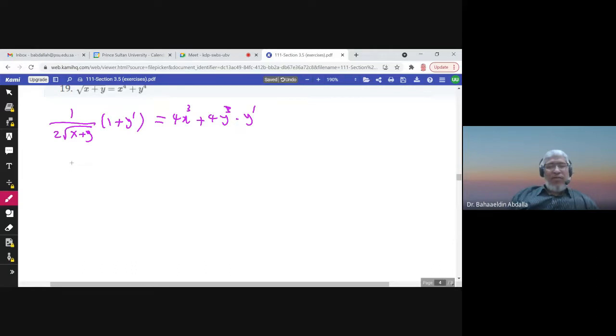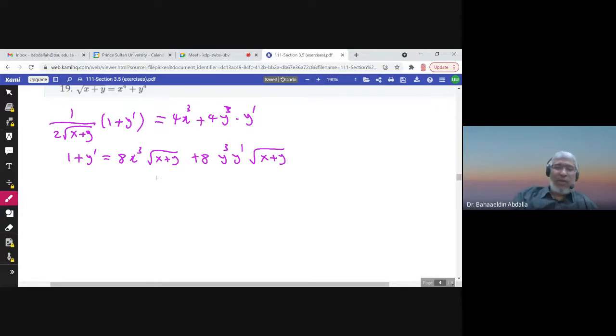So I have, let me multiply by this square root. So 1 plus y prime equals 4 times 2 is 8x cubed square root of x plus y plus 4 times 2 is also 8y cubed y prime square root of x plus y.